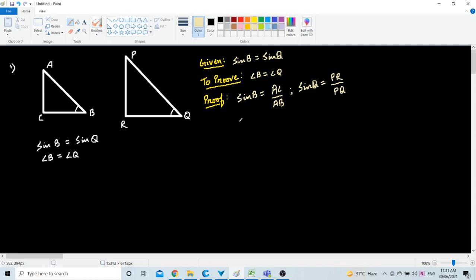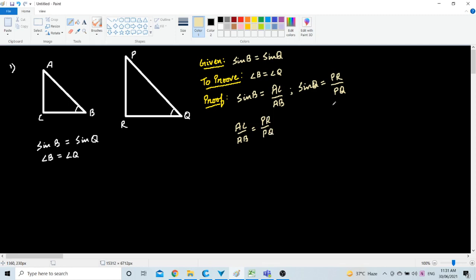Alright. Now as the condition is given to you that sine B equals sine Q, in that case AC upon AB will be equal to PR upon PQ.